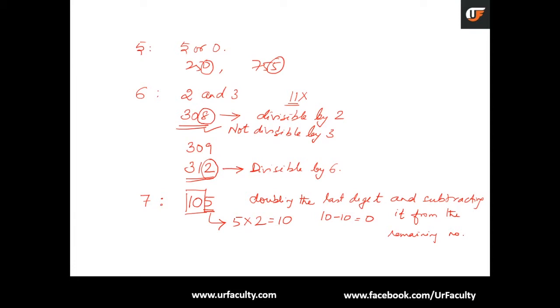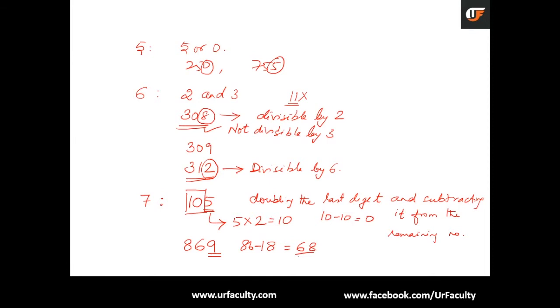Okay, let's take a different example now. Let's take 869. So if it's 869, let's double 9. 9 times 2 is 18, and the other remaining number is 86. 86 minus 18 is equal to 68, right?